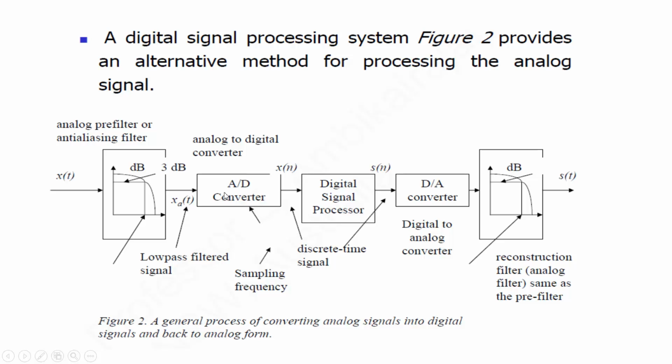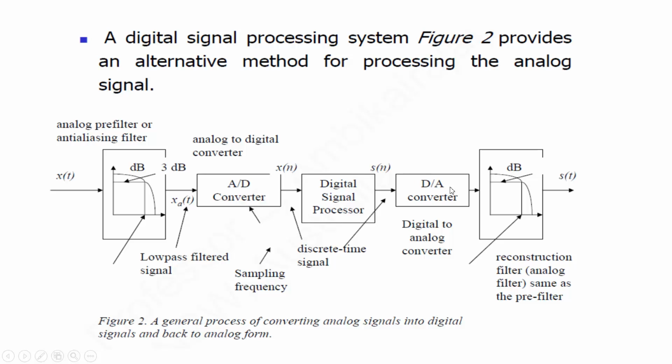Once the signal goes into the A to D converter, it goes to the digital signal processor, which processes the signal in the discrete domain, and various algorithms can be applied here to take advantage of the DSP techniques. After processing the signal in the DSP chip, the signal is then applied to a D to A converter, which is digital to analog converter, to convert it back to the analog form.